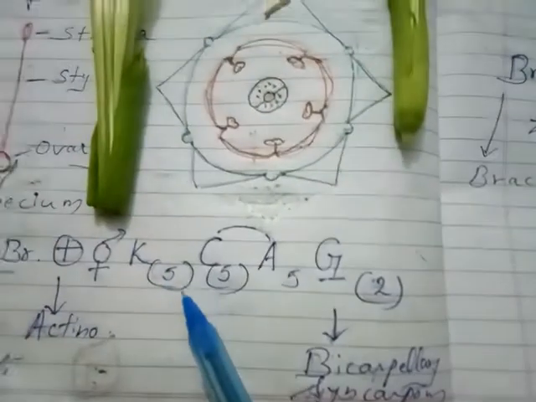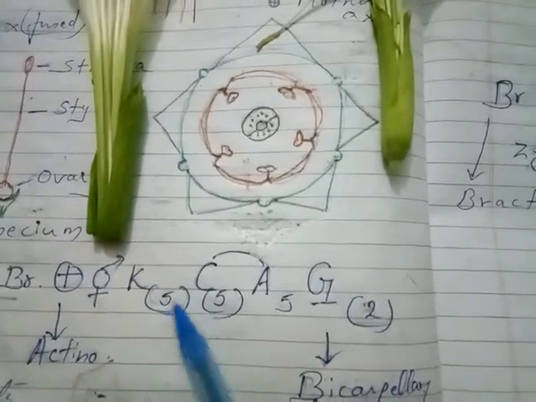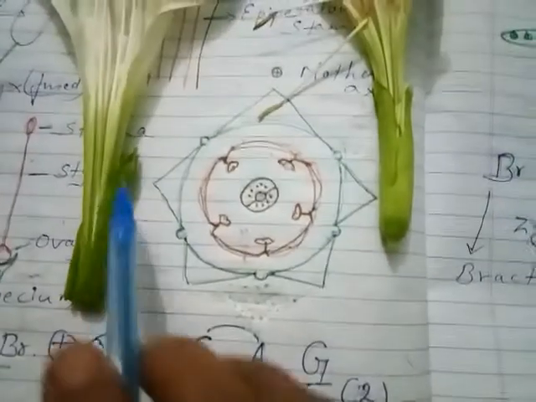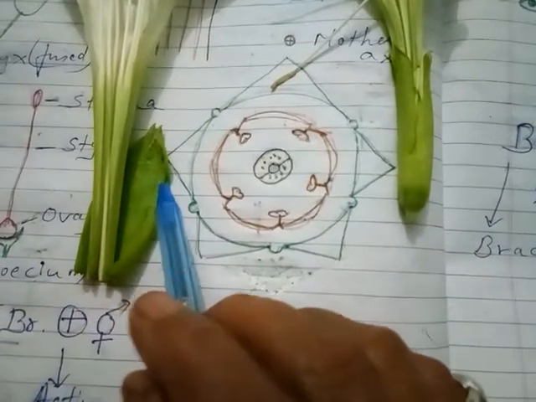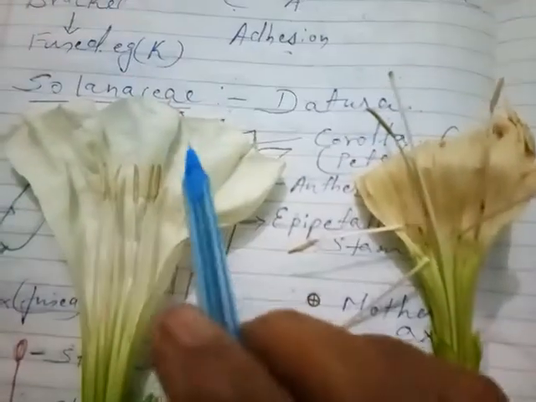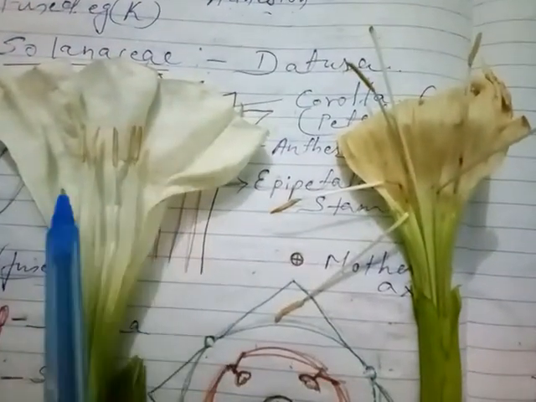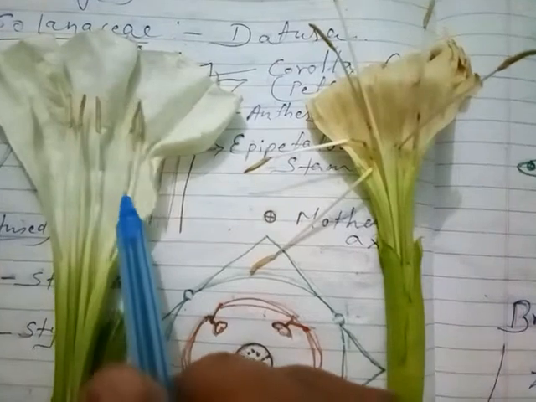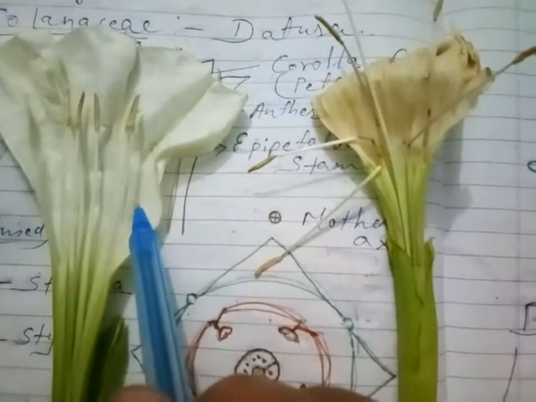Then the calyx is 5 in number and a bracket is drawn, so it is fused. Corolla is also 5 in number, and the androecium is also 5 in number. The line is drawn, so the stamens are on the corolla.